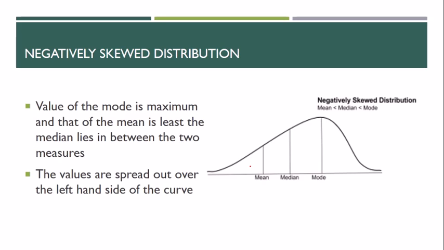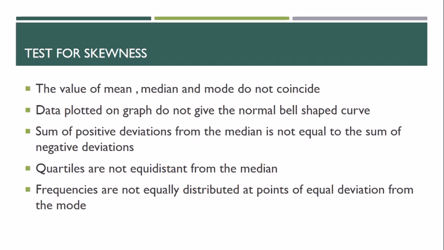Okay, so that was all about negatively skewed and positively skewed distribution. Now let's have a look at the test for skewness. In order to ascertain whether a distribution is skewed or not, the following test may be applied.